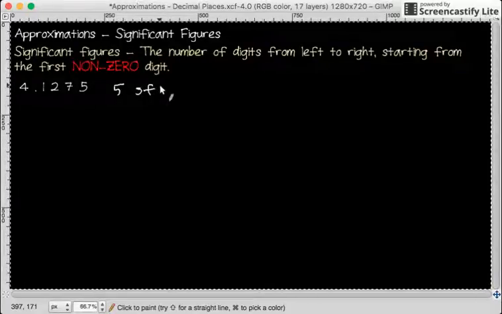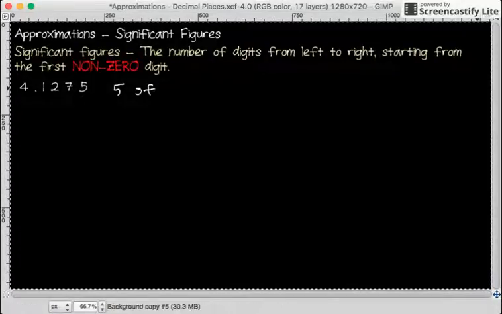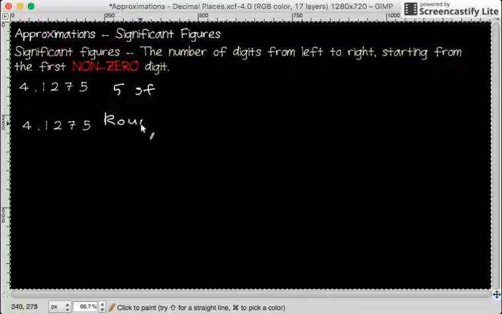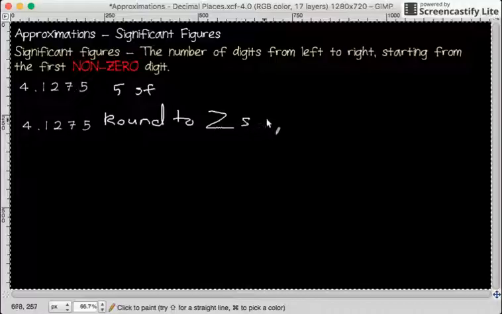And if we actually want to approximate to a specific number of significant figures, we use this exact same counting methodology. So let's say that we wanted to approximate to 2 significant figures, for example. We're going to take that same number and round to 2 significant figures.